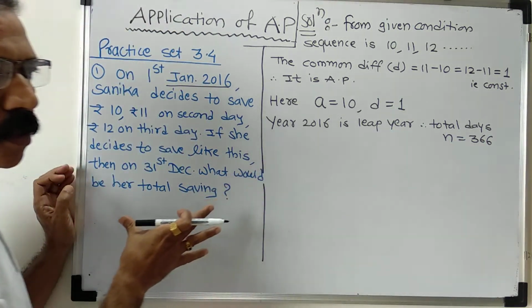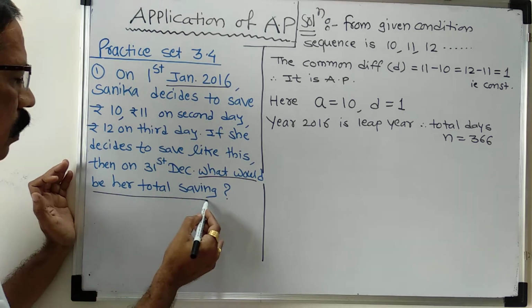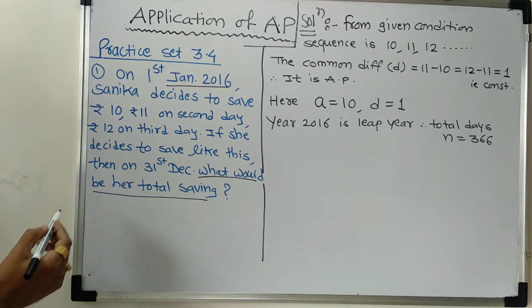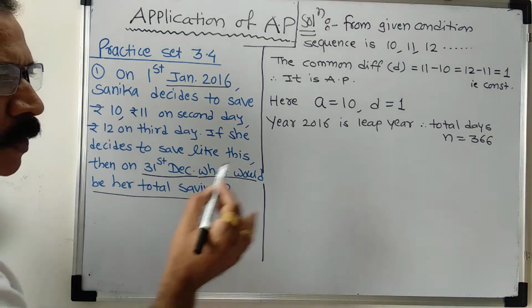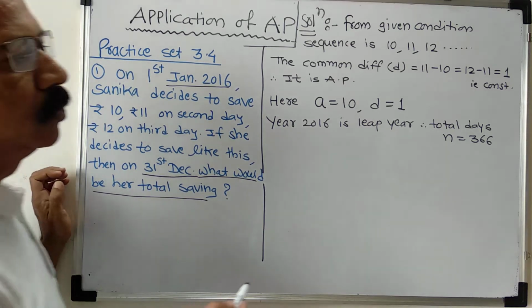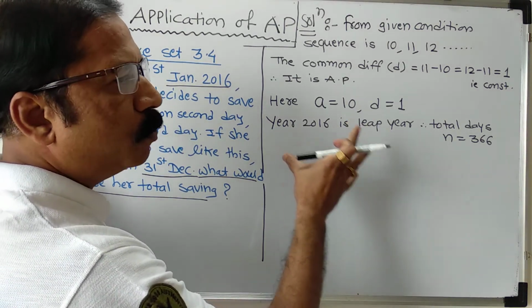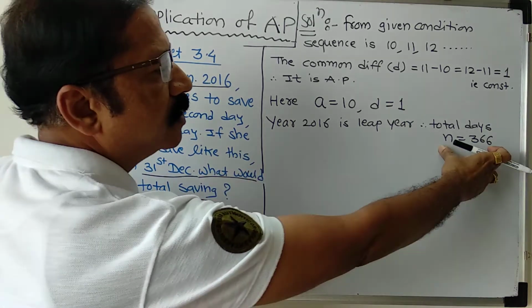And what they ask, what would be her total saving on 31st of December, means at the year ending? So you have to find the total number of rupees she saved in 366 days.